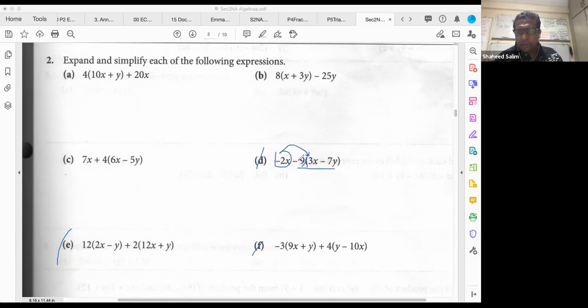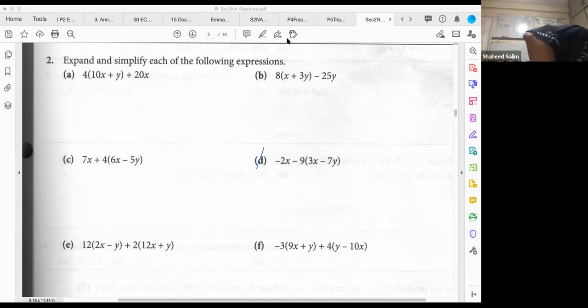So minus 9 times 3x, minus 9 times minus 7y. Maybe in school you already did this, but that is different. We have not gone there yet. Inshallah, we're going to go there soon. This one is only the 9.